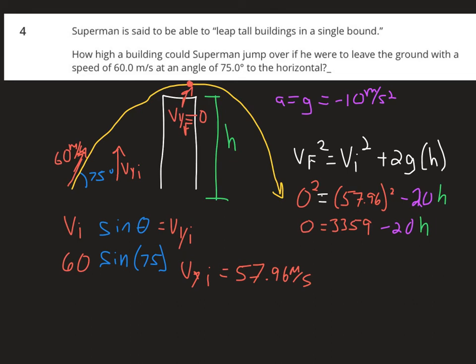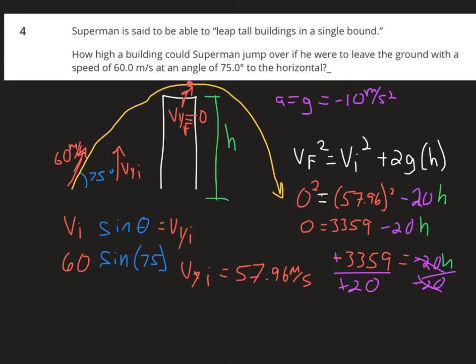To get the h by itself, I need to subtract 3,358.59 from both sides, and that would equal negative 20 times h. I need to divide both sides by a negative 20 for those to cancel out.